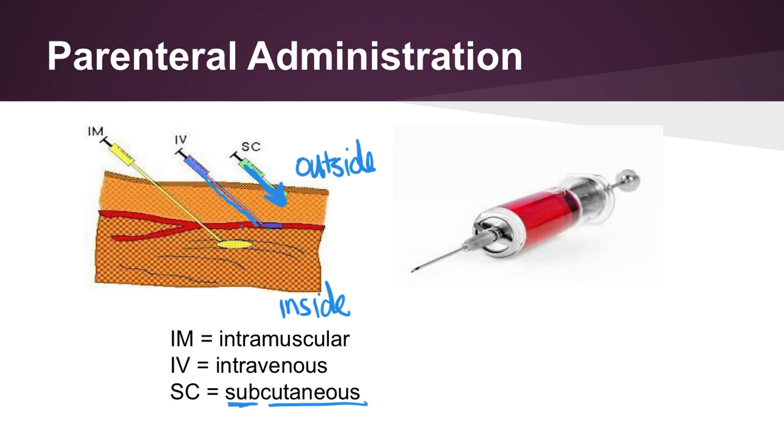Intravenous is going into the veins. So intra means within, and then venous means veins. And then intramuscular is the deepest. And so that's going within your muscle. So they're going right into your muscle in your arm usually, and that's where the injection happens.